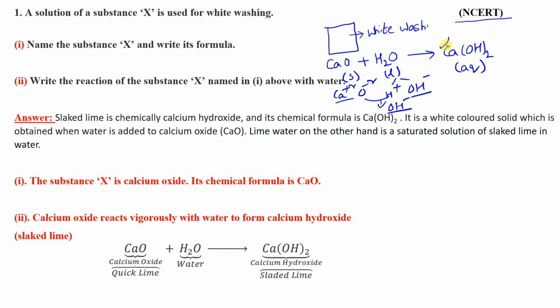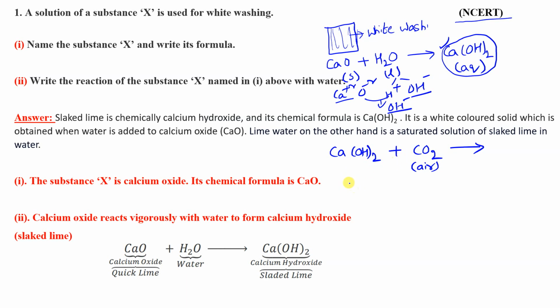This aqueous calcium hydroxide, he takes in a bucket, and with a brush it is applied on the walls. This calcium hydroxide applied on the walls is exposed to the CO2 present in air.